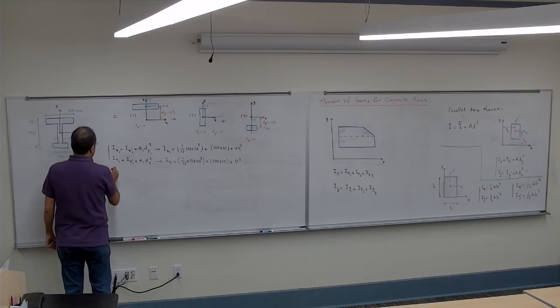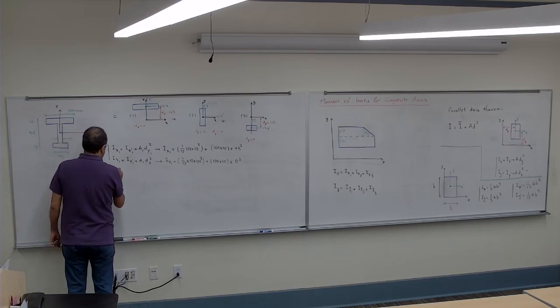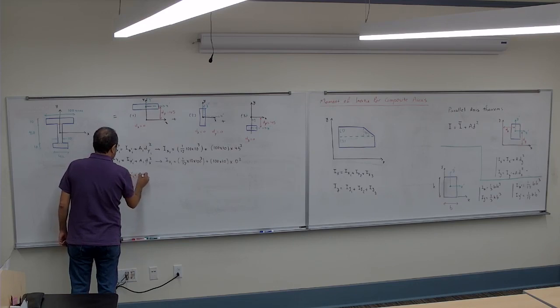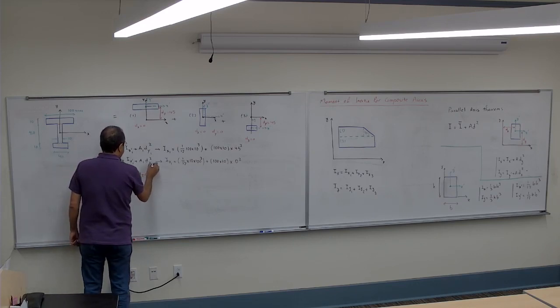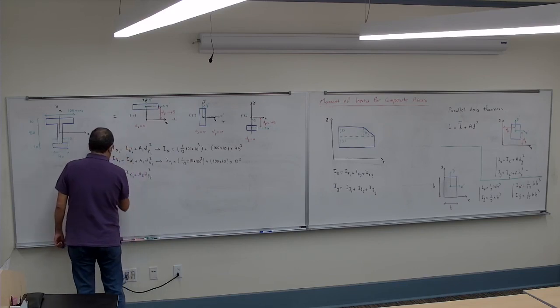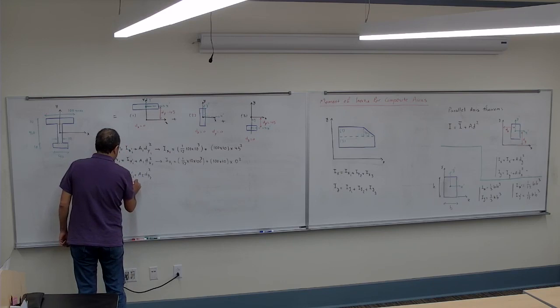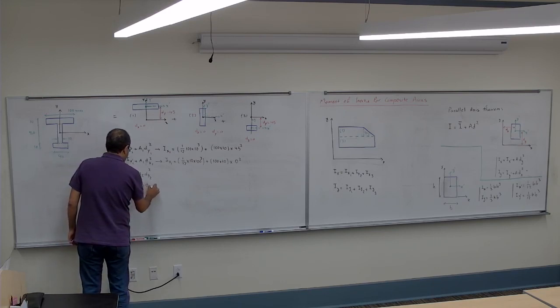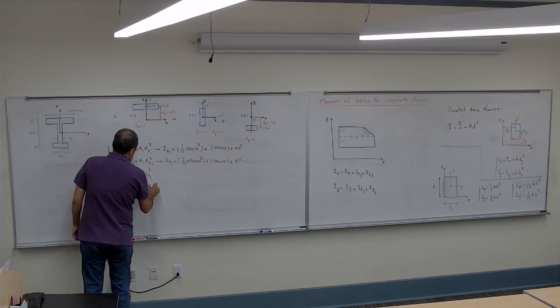So for the second one, Ix for the second one is the Ix prime for the second one plus the A2 dy2 squared. I about the y2 is gonna be I y prime 2 plus A2 dx.